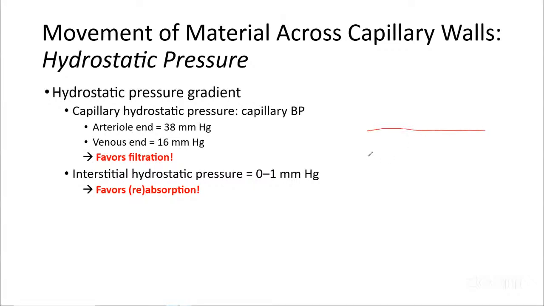So we've got our blood. We're going to be thinking about our tissue over here. And we're going to label them because we're going to have to label these different pressures. Okay. So here's our capillary. And here's our interstitial fluid.